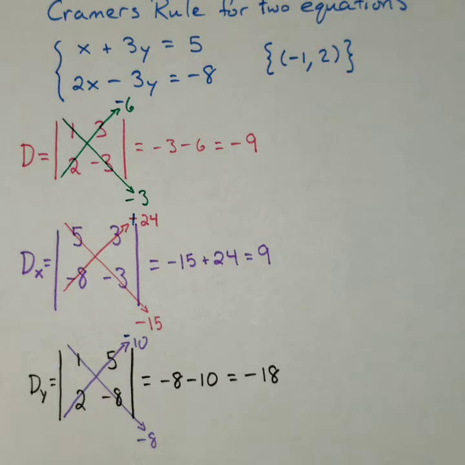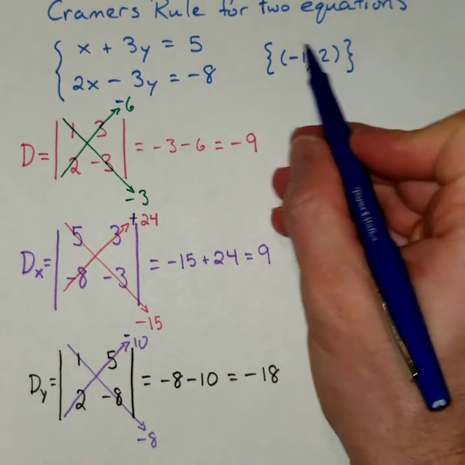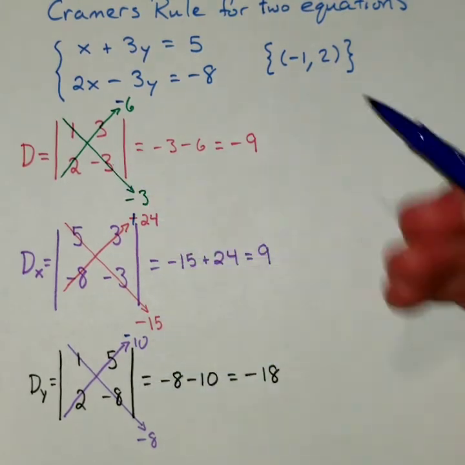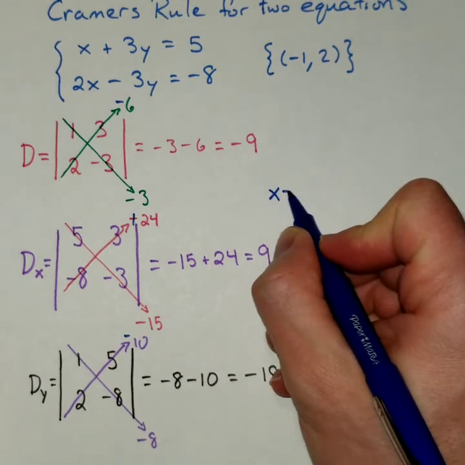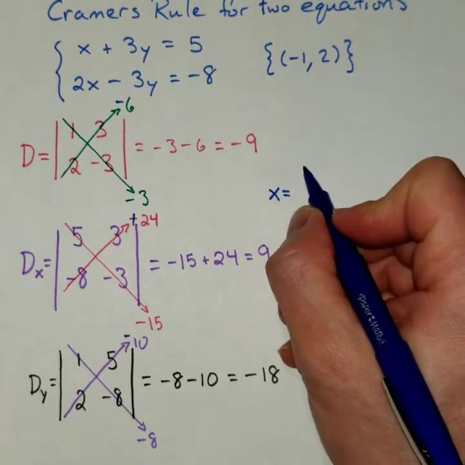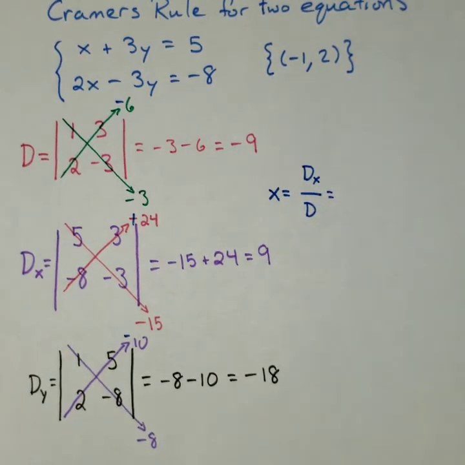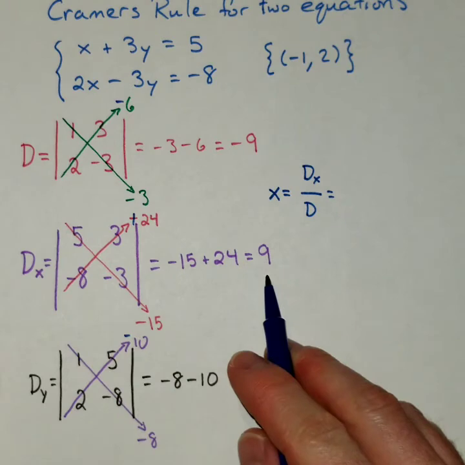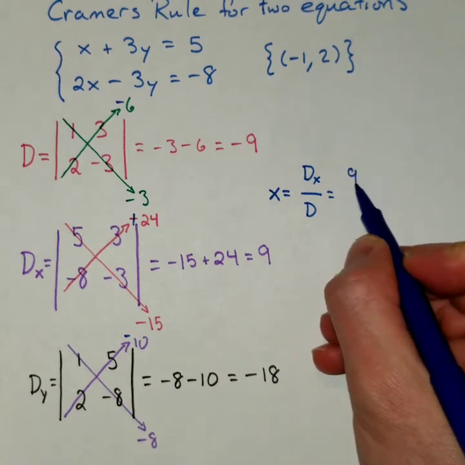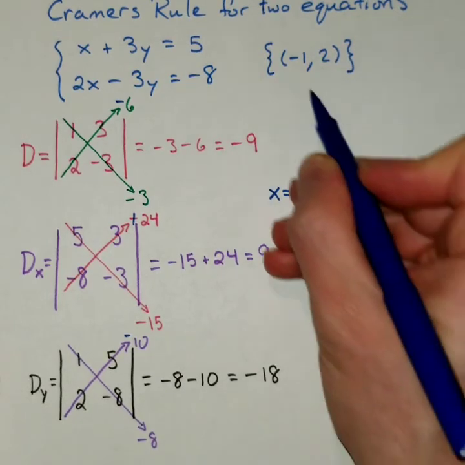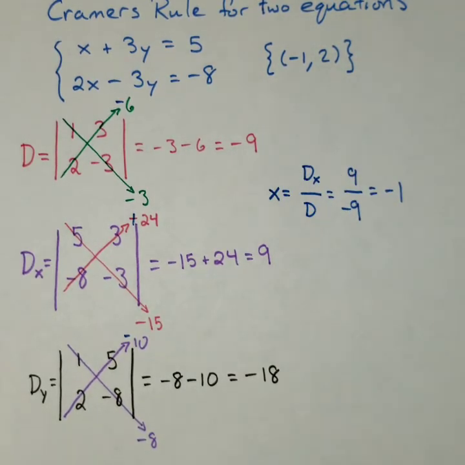Okay. Now, what's interesting is that Cramer's rule will tell us that the final answer can be calculated by taking combinations of these matrices. In fact, the x value is found by taking D sub x and dividing it by D. Notice that D sub x is 9, D is negative 9, and when you divide them you get negative 1, which is the x value of our solution.